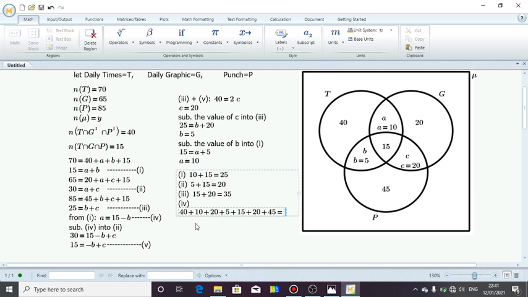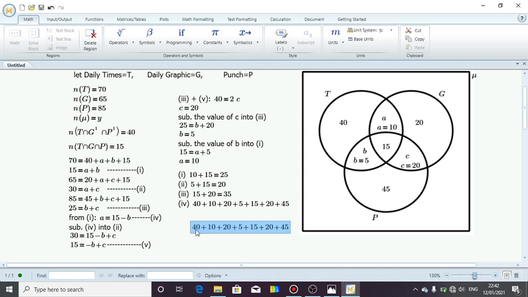Okay, let's add it fast and see. Let me copy this out. So that is 155. This is equals to 155.